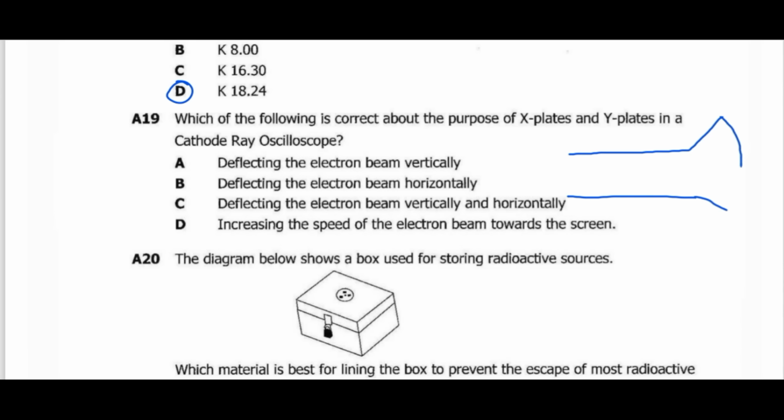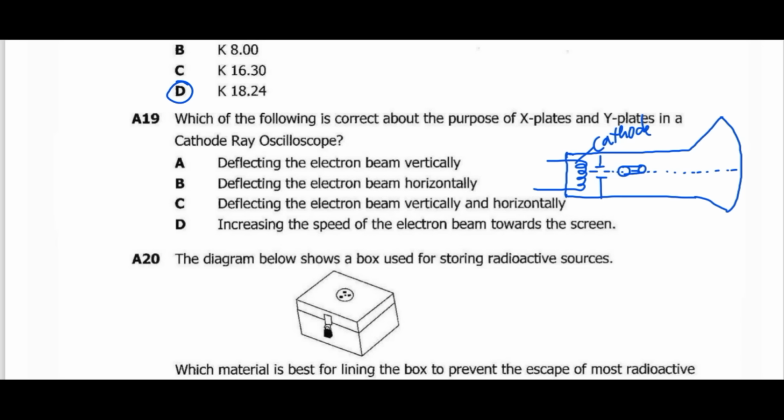This is a cathode ray oscilloscope. In a cathode ray oscilloscope, we have what we call a cathode, and the function of the cathode is that it produces a beam of electrons when it is heated, and the process is known as thermionic emission. Then we have the other structures like the anode. The function of the anode is to increase the speed of the beam of electrons. Then we have a grid. The grid focuses the beam of electrons in one direction.